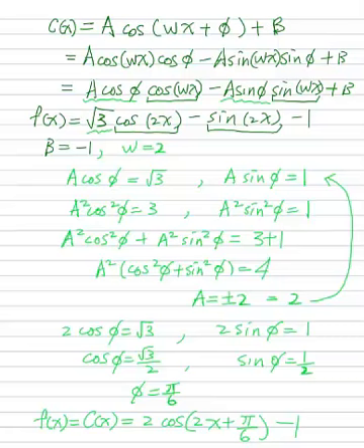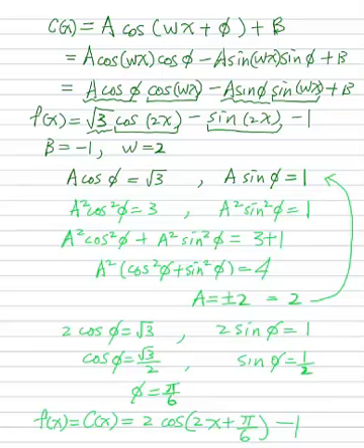Comparing cosine of omega x, cosine of 2x, sine of omega x, sine of 2x, we find that omega equals 2. By comparison, we have a cosine of phi equals root 3 and a sine of phi equals 1.